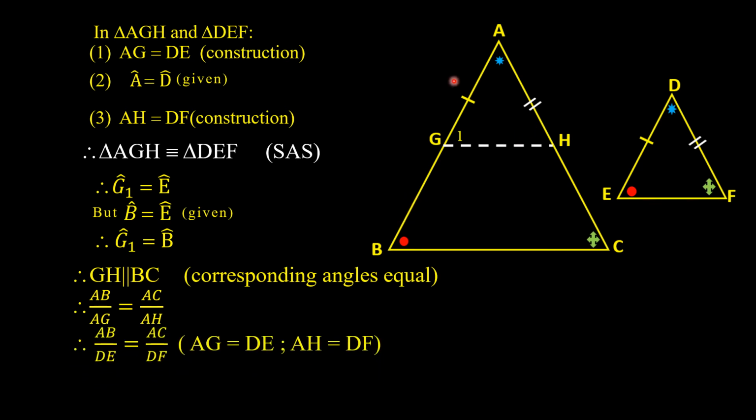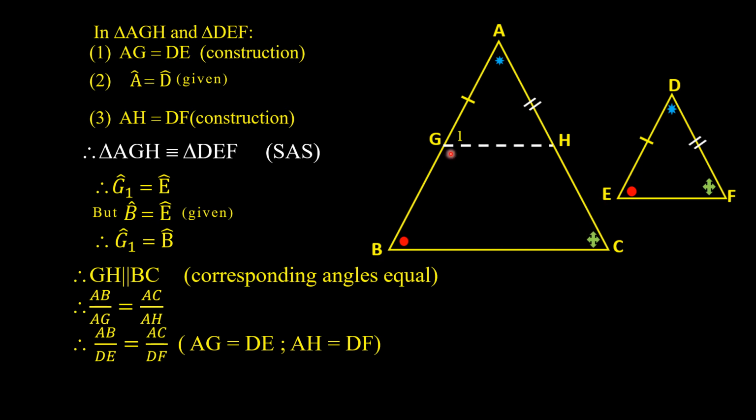Therefore, what is AG actually? AG is the same as DE. So in the place of AG, we will write DE. In the place of AH, we can write DF. Okay, so we get AB over DE is equal to AC over DF.